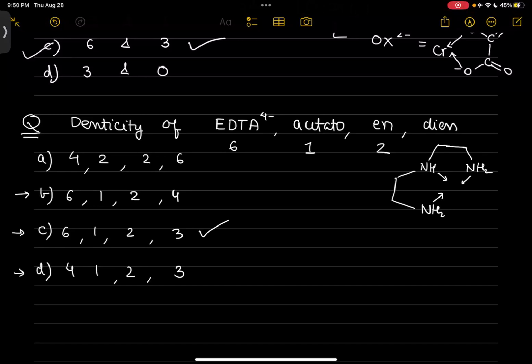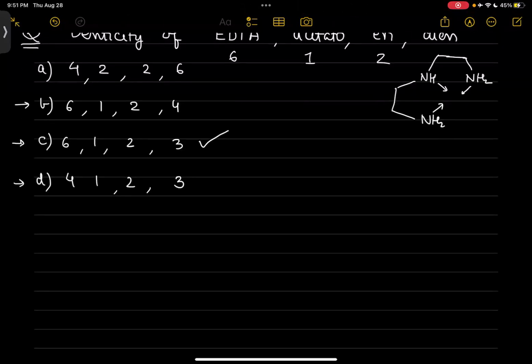Next is Fe(CO)5. This is a question from NEET 2018.